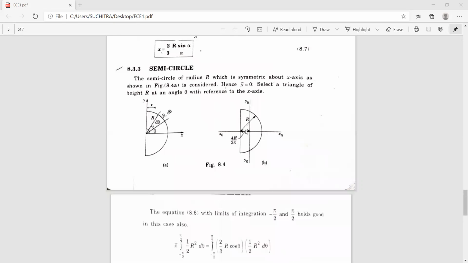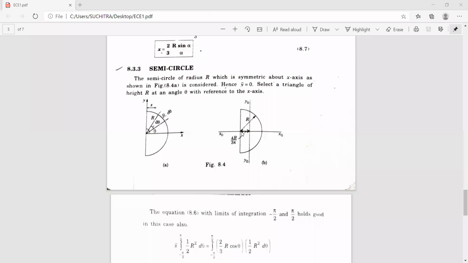Now if you look at the figure, here you have a semicircle, and this is the centroidal axis x naught and y naught, and the centroidal distance of the semicircle with respect to y-axis is 4r by 3 pi. If the semicircle is like this, it will be symmetrical about y-axis, hence x bar becomes 0. Then the centroidal distance of the semicircle measured with respect to x-axis is also 4r by 3 pi.